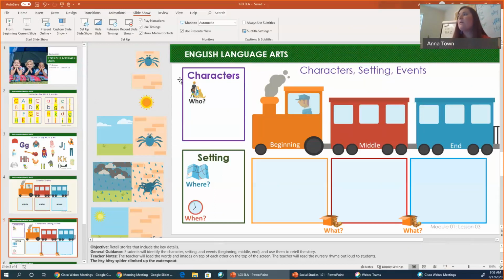The event is the beginning, middle, and end. That answers the question, what? What is happening from the start to the finish of the story?